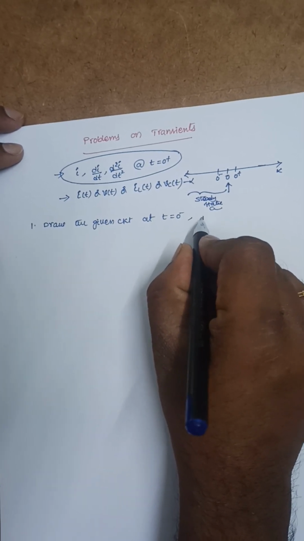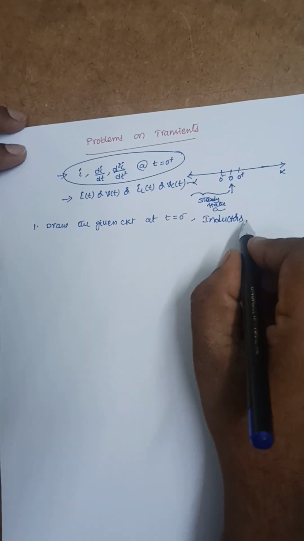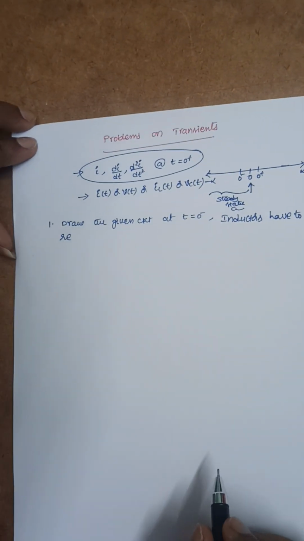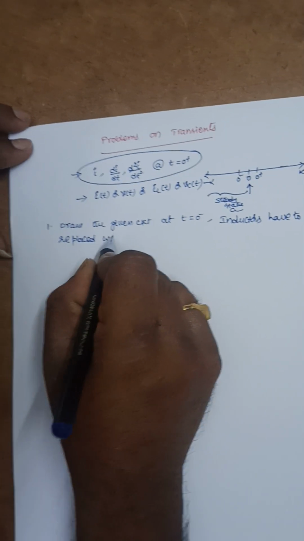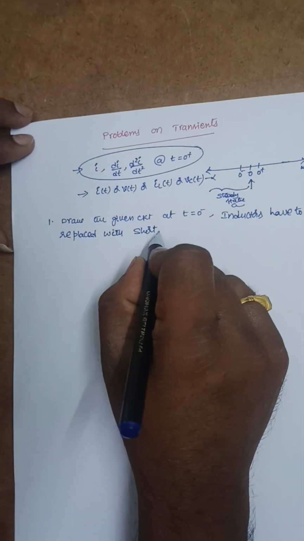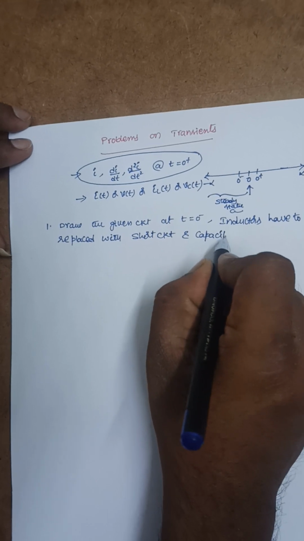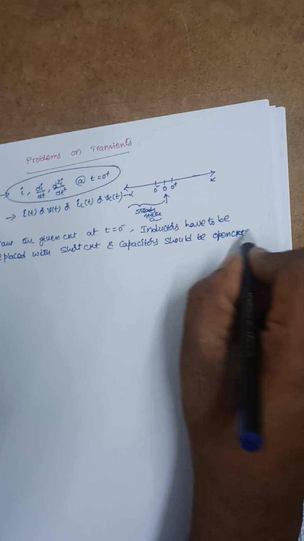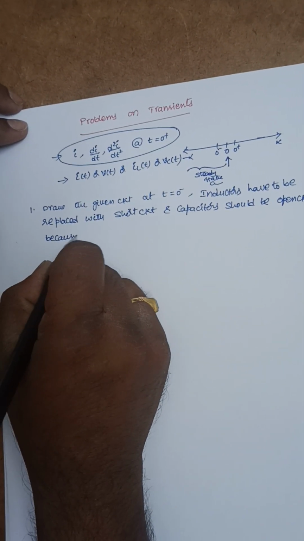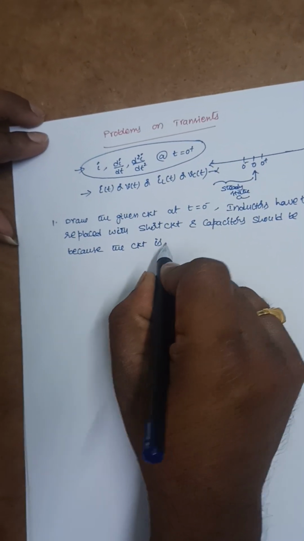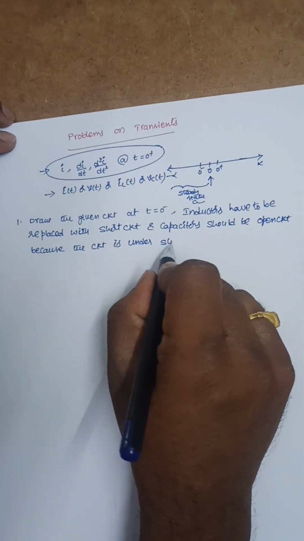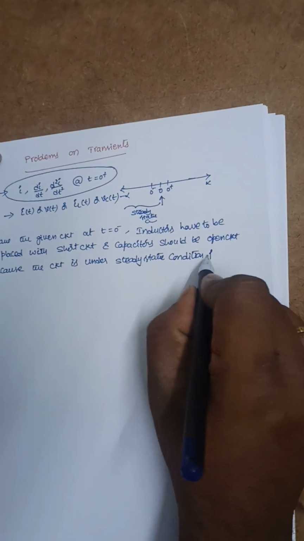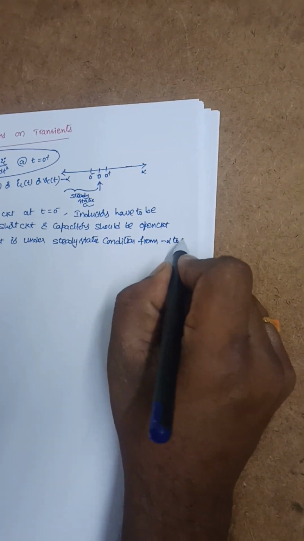So if there are inductors, they have to be replaced with short circuits under steady state condition, and capacitors should be replaced with open circuits, because the circuit is under steady state condition from minus infinity to 0 minus.